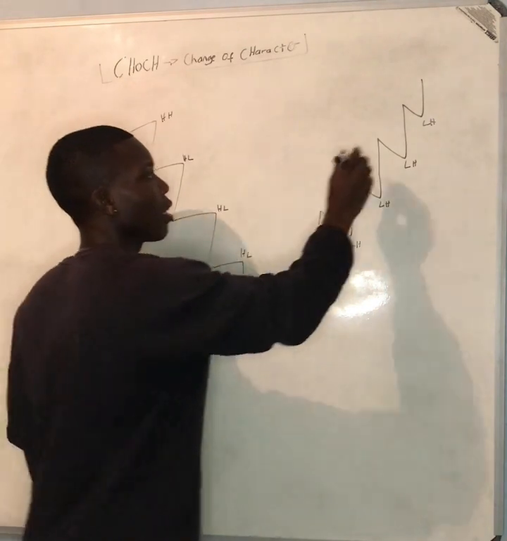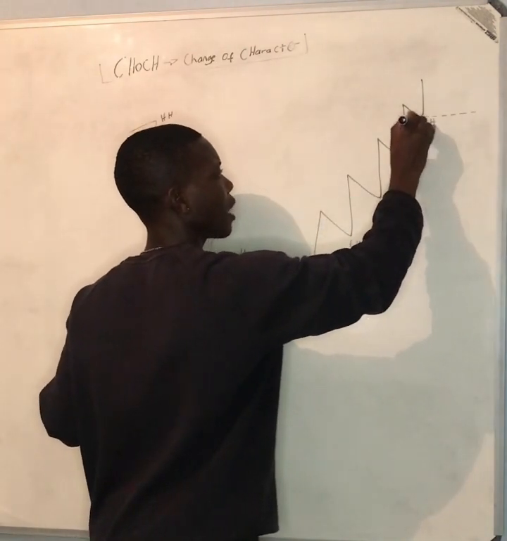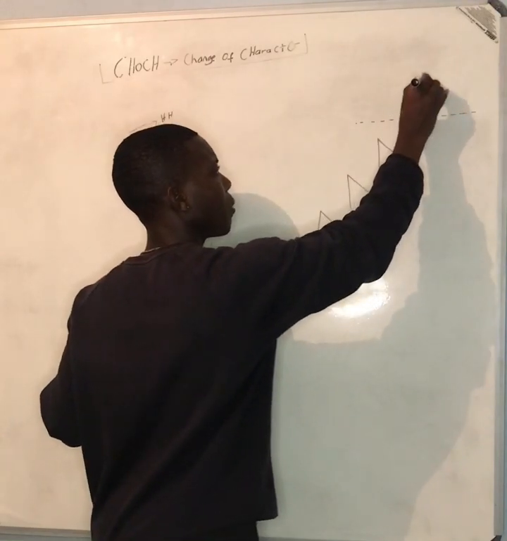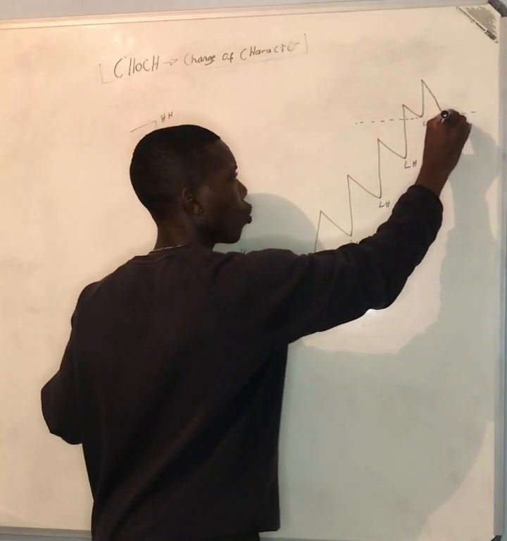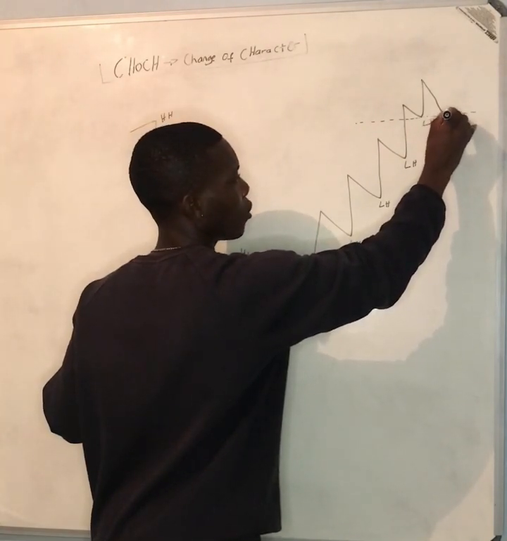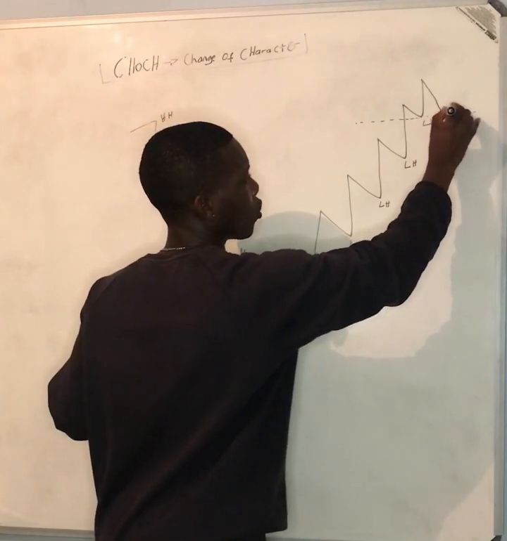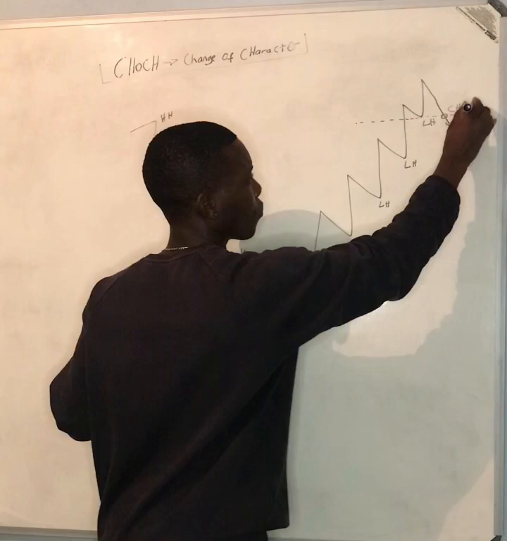The same thing must happen on this side. We want to see the market coming back to break the previous low. As soon as the market breaks the previous low, we can start executing our sell positions there. Now, this is what we call CHoCH.